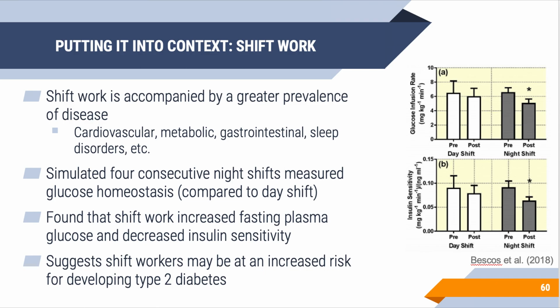So through this euglycemic hyperinsulinemic clamp, they found that infusion of glucose was lower compared to the day shift work, meaning that there was a reduction in insulin sensitivity or an increase in insulin resistance for these individuals who were put on a 4-day simulation of a night shift, which suggests in the long term that shift workers may be at an increased risk for developing insulin resistance and progressing towards type 2 diabetes.